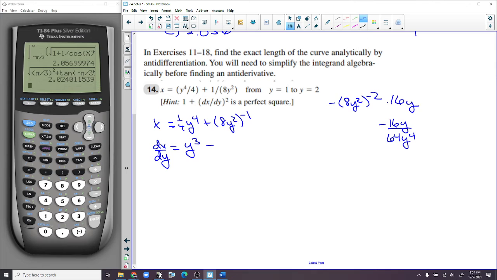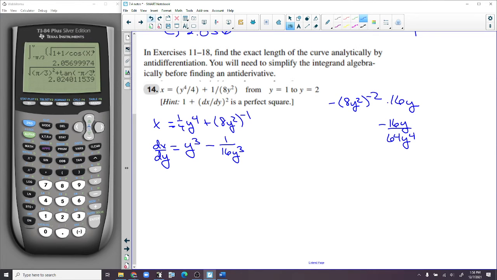That's equal to minus 1 over 4 y to the... excuse me, not y to the 4th, but y to the 3rd. 1 over 16 y to the 3rd.